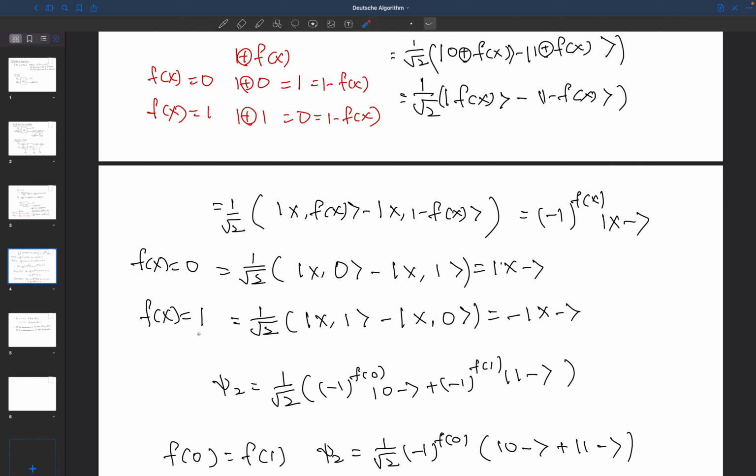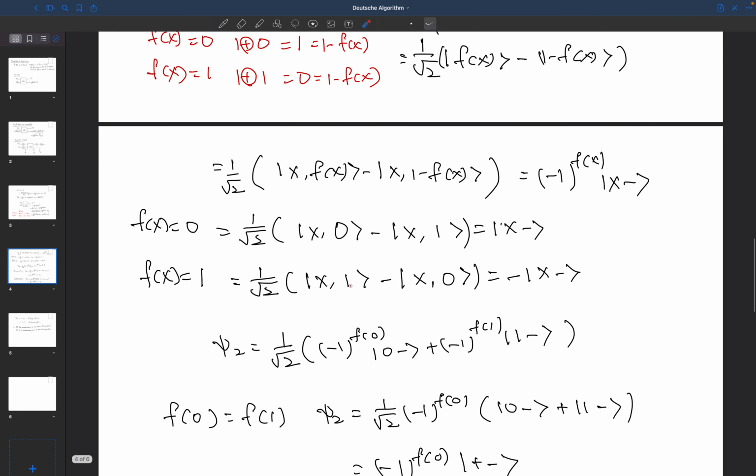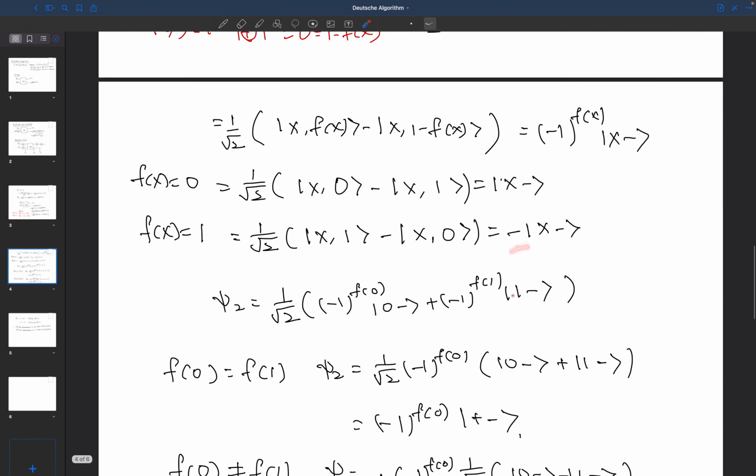And when f(x) is 1, we got x 1 and x 1 minus 1 is 0, and this is just a reverse of the first one, so it's minus x minus. So we can write in this more concise form. When it's 0, we get this. When it's 1, we get a negative sign here.